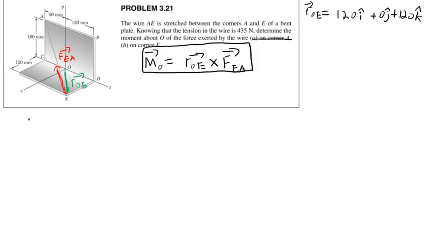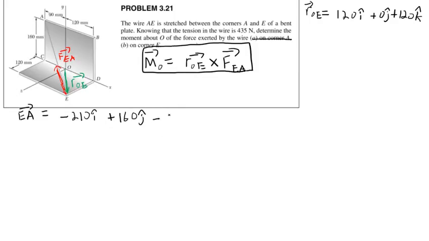Now, I'd like to get the vector for line EA, because we're going to need to get the unit vector for it after that. EA. All right, let's think about this. It's going to be negative 210I, because from here to here, we lose 210 millimeters in the x direction, plus 160J, minus 120K. I'm kind of leaving out the units here because I'm lazy.